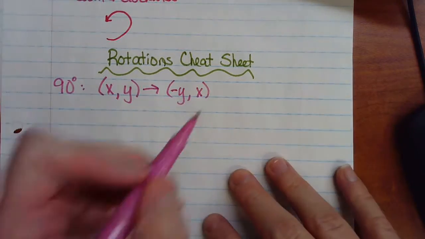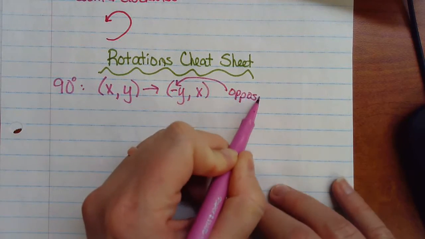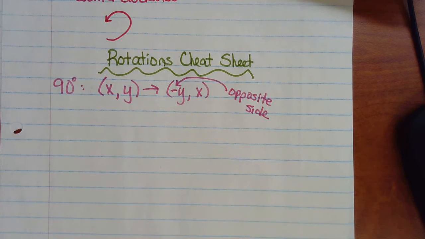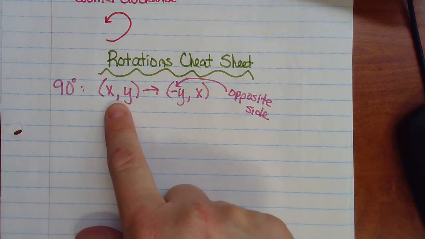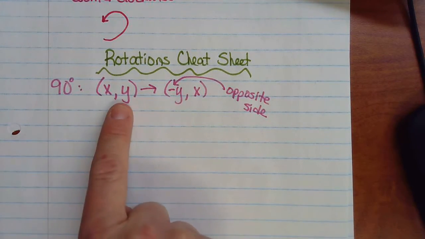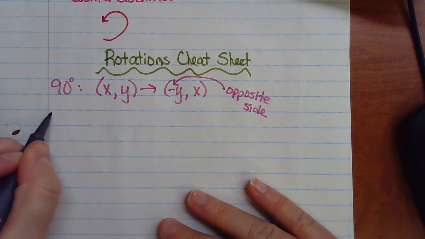That negative just means the opposite sign, just like it did with reflections. When we did reflections, we had to change signs. So for 90 degrees, take your point, flip-flop spots, and change the sign on whatever that Y value was.